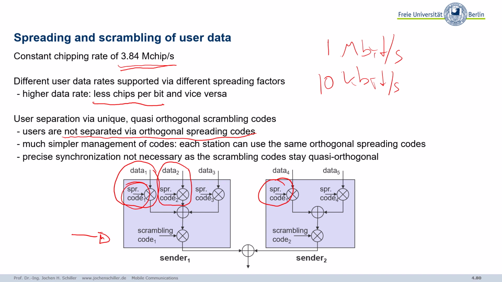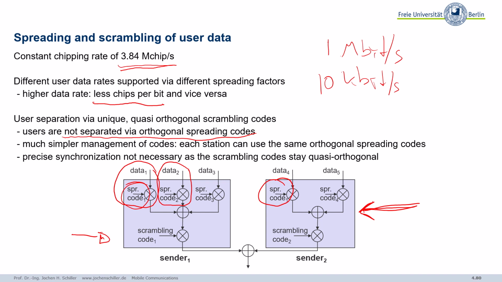So the spreading codes perform the spreading of the data stream with the help of the chips. Then, exactly at this stage, we already have the 3.84 megachips per second, and then we apply a scrambling code that is only there to separate the different senders, but not to further spread the stream of chips.